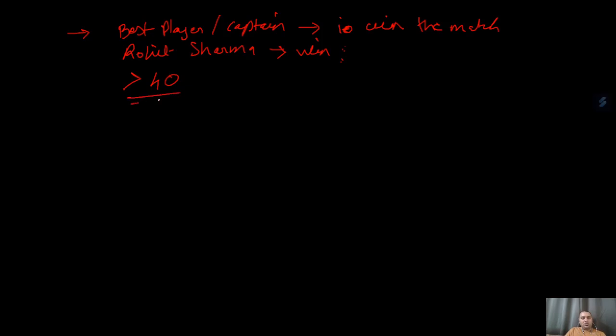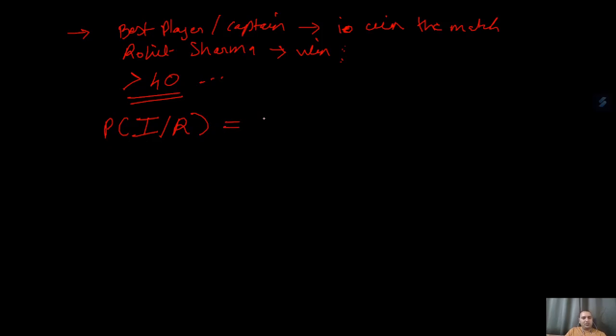If Rohit Sharma scores more than 40 runs, then India is definitely going to win the match. That's what we are trying to say. Now, our problem is: what is the probability that India wins the match provided Rohit Sharma scores more than 40 runs?